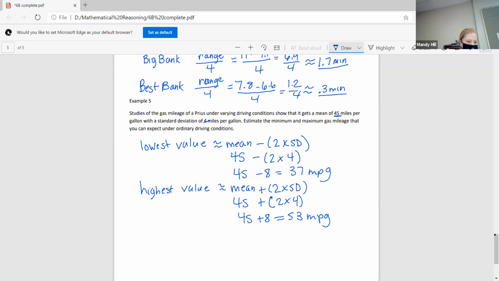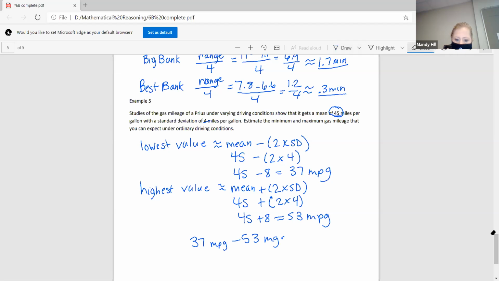Okay, so in this problem, what does that mean? We're pretty confident that if they tell us that our Prius gets 45 miles per gallon, then that means that 95% of the time, we're going to stay in between this range of 37 miles per gallon to 53 miles per gallon.